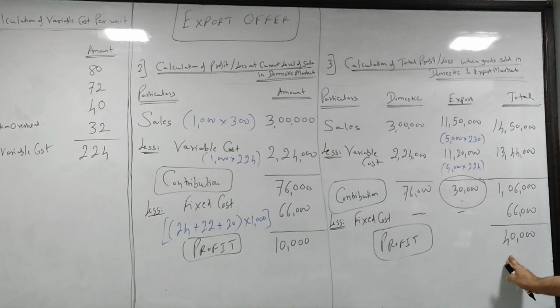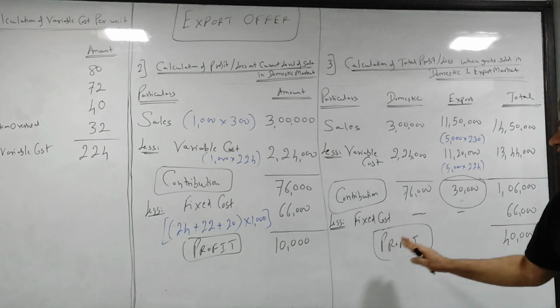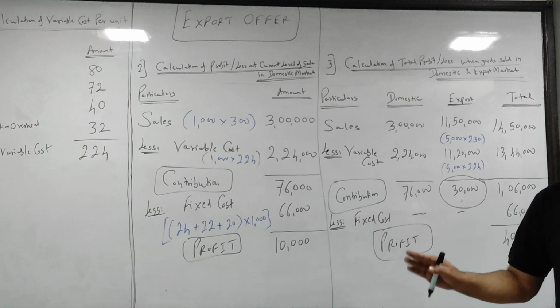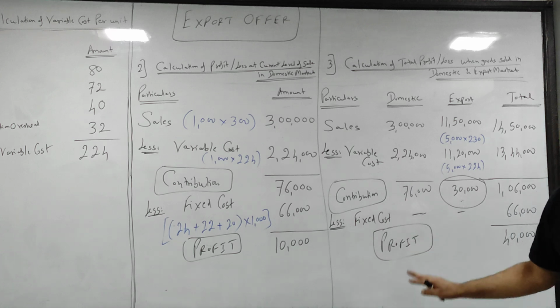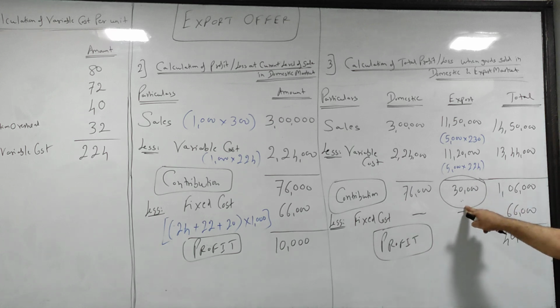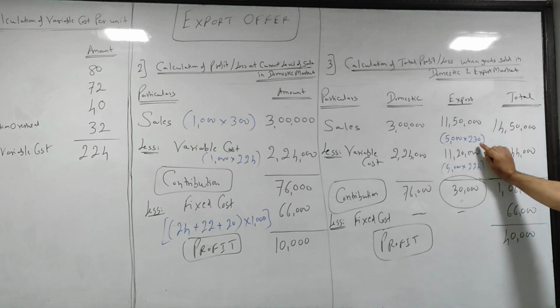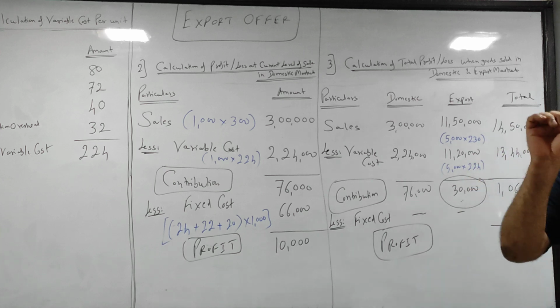That is because of this. So 10 का 40 हुआ, 30,000 increased because of this. अभी देखो लॉजिक. एक्सपोर्ट का सेलिंग प्राइस 230, वेरिएबल कॉस्ट 224. सो कैन आई से ऑन एक्सपोर्ट कंट्रीब्यूशन 6 per unit?